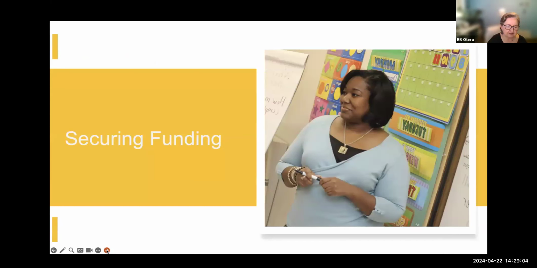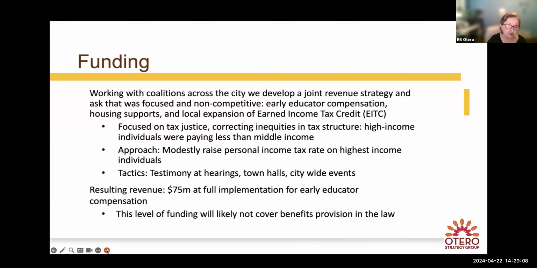So next, we secured our funding through this coalition, spending a lot of time thinking about what was the best. You know, Aisha talked about sustainable financing, stable financing, and we know from everything we've heard around the country that some of these regressive taxes, et cetera, don't give you the long-term stable, sustainable funding.